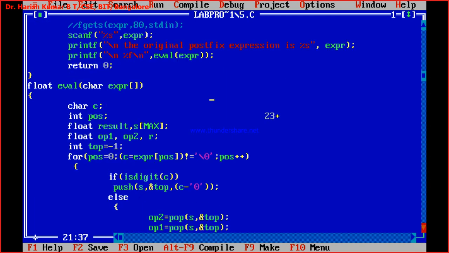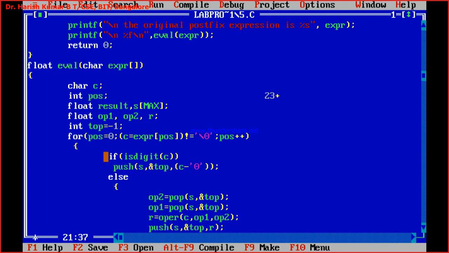Now this 2, so we have checked here isdigit of C. Yes, it's a digit, but it is not integer 2. It is not actually 2 also, it is 50. Hope you are following. Because long back I told you the ASCII value of 0 is 48.